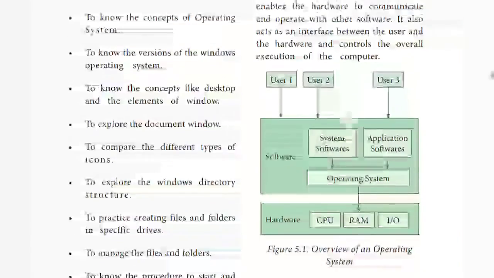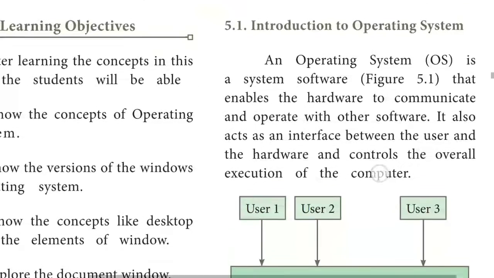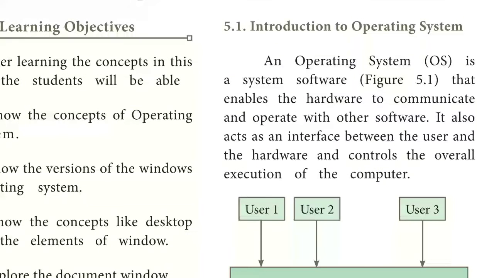So what is an operating system? An introduction to operating systems: it is system software. We have seen two types of software: application software and system software.